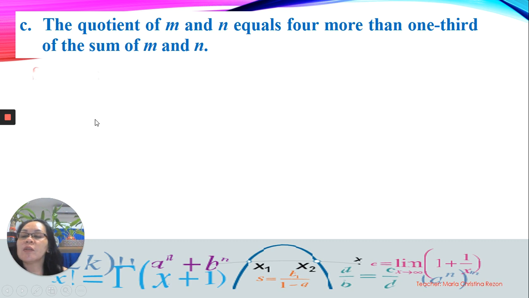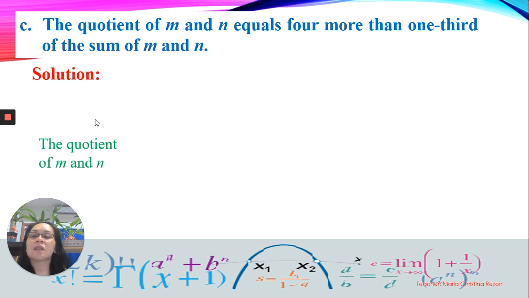So our solution for that, we don't need to let any variable here because we already have m and n as our variables. So the quotient of m and n, that is just m over n, equals, so you use the equal sign here, 4 more, that means you are adding 4, more than 1/3.